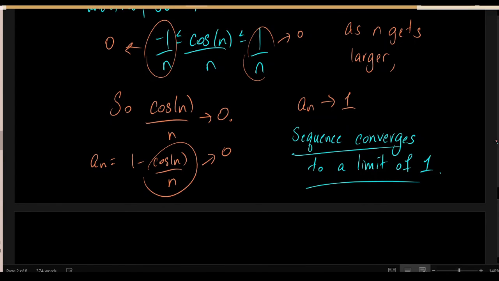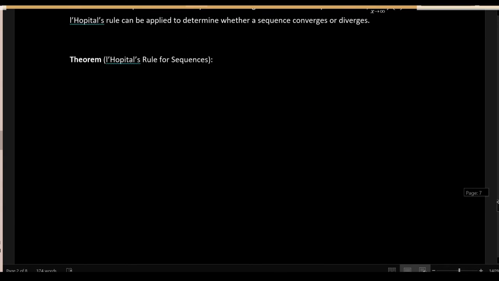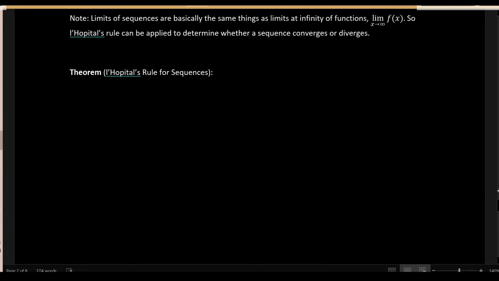Now you have potentially noticed that the arguments we have done throughout this page have been very similar to the arguments you used to calculate limits in Calculus 1, when you were calculating the limit as x goes to infinity of a function f of x. And yes, this is exactly right.